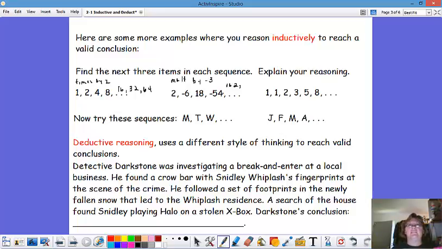That's 486, but it'll be negative this time. And times 3, 1,458. Positive this time. So the only way you can get that jump back and forth between positive and negative is by multiplying by that negative number.